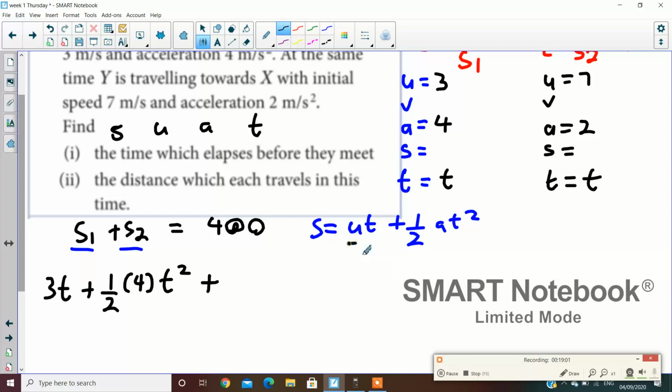What's U? 7. And then the T value is T. And then a half. What's the A value? 2. And then the T value? T squared. And what do both of them added up together equal? You're about to get yourself a quadratic equation to solve to find the T value. Okay? So off you go.